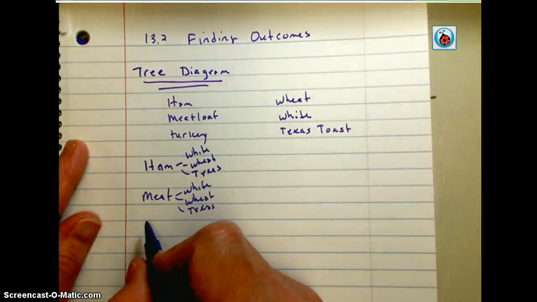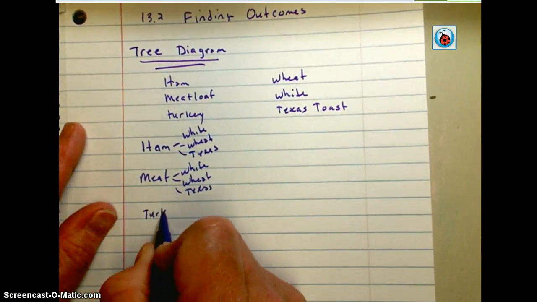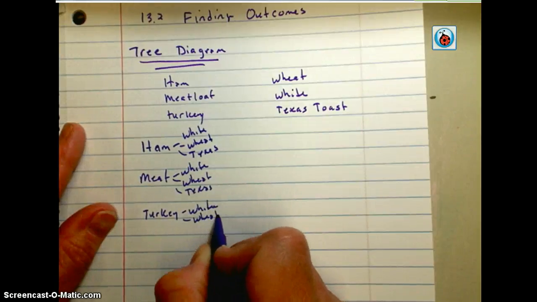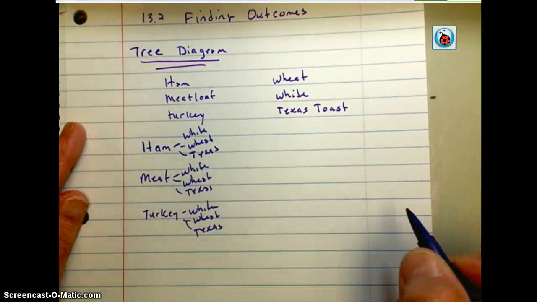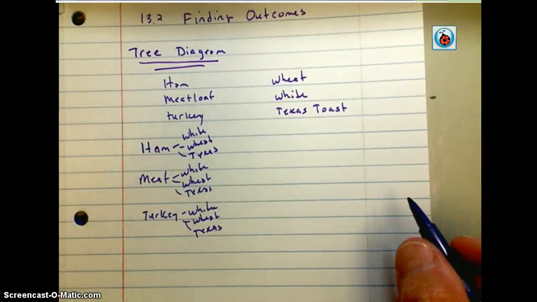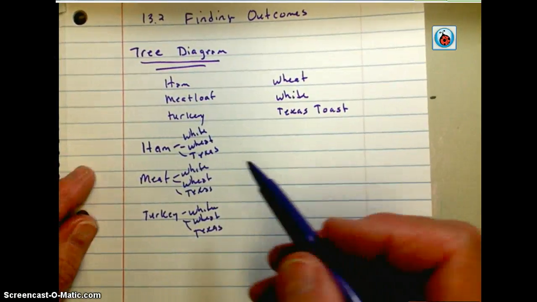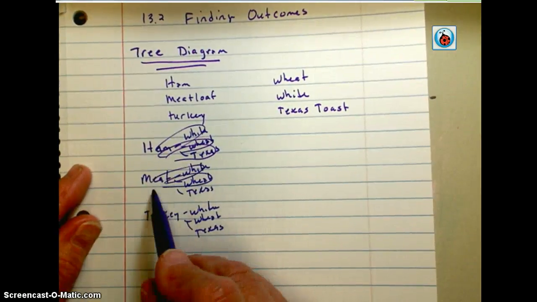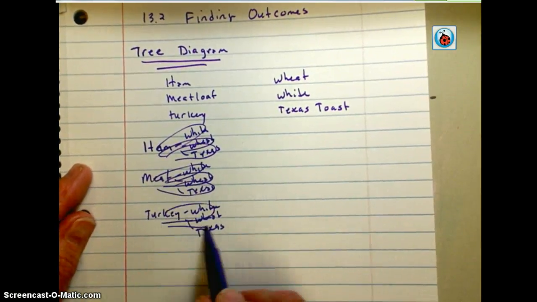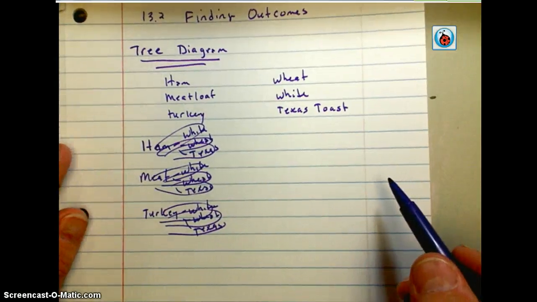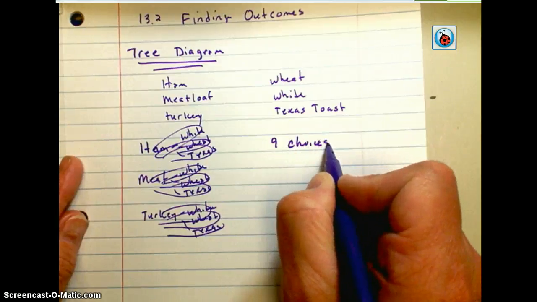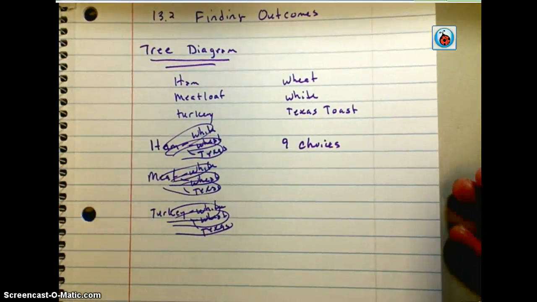The third kind of meat is turkey, with white, wheat, and Texas toast. So we can have 3 different combinations with ham, 3 with meatloaf, and 3 with turkey, which gives us a total of 9 choices. So this is an example of using a tree diagram to find or list our outcomes.